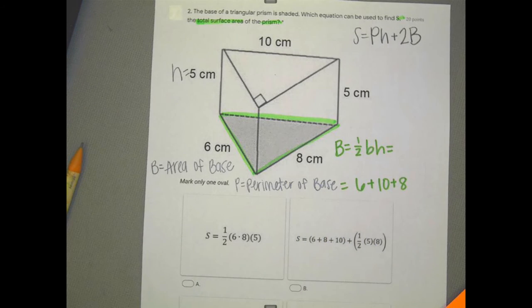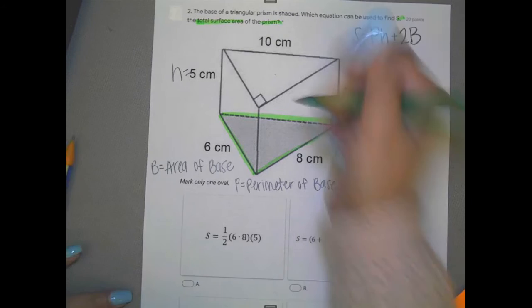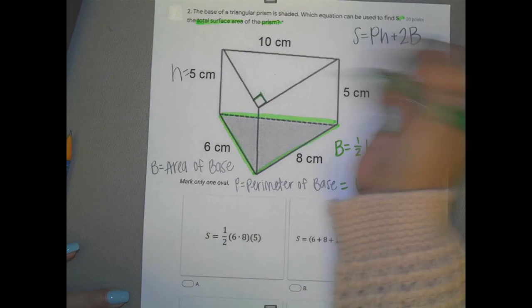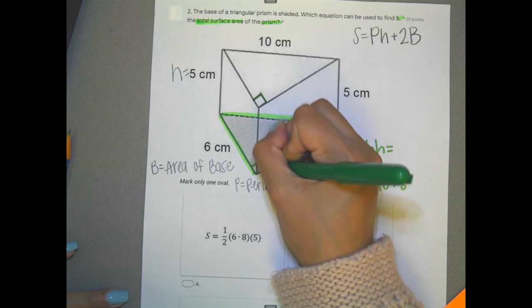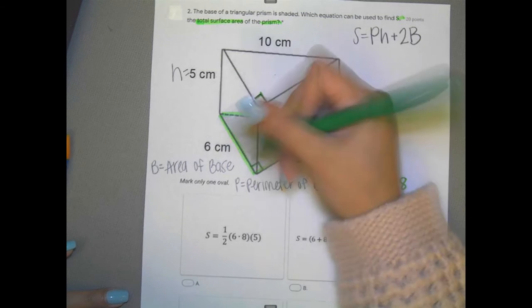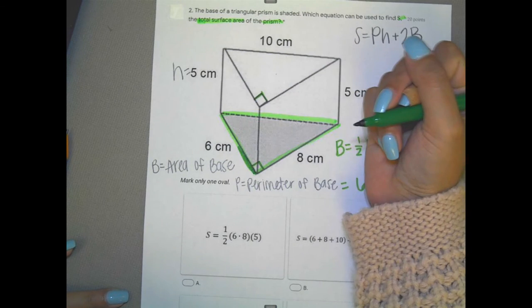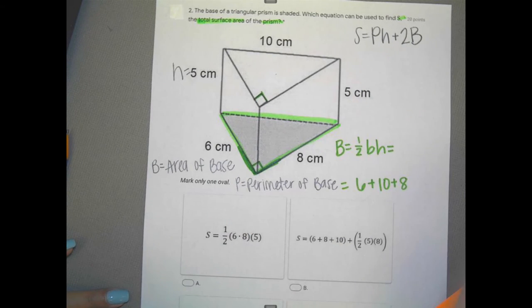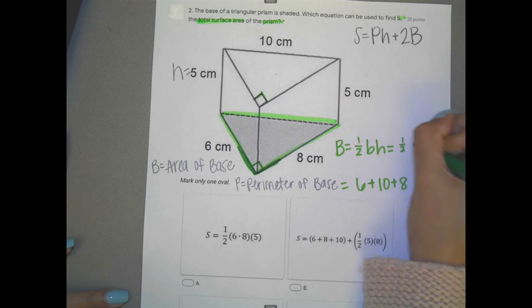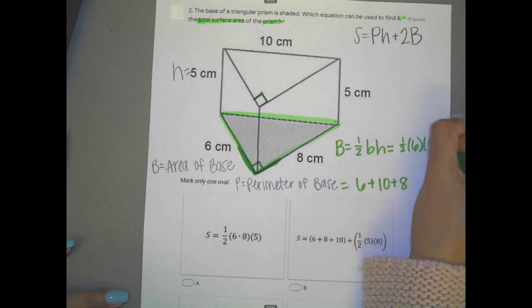And we need to remember that on our base shape, that base and that height make a right angle. So if my right angle is here, that means on this bottom triangle, it's going to be there. And that's touching the side with the number 6 and the side with the number 8. So 1/2 times 6 times 8.